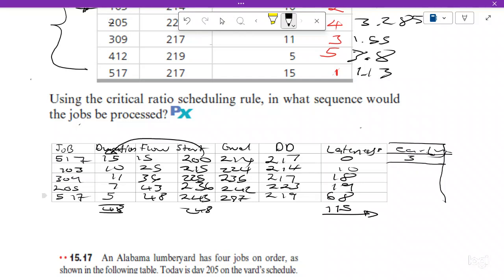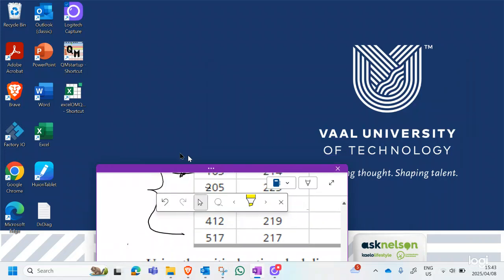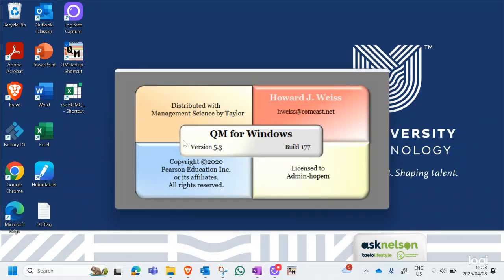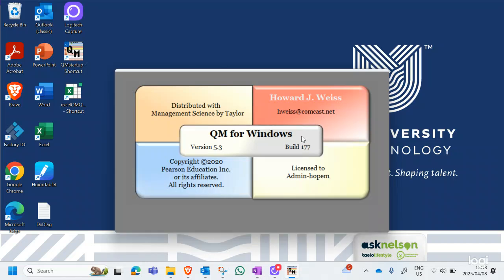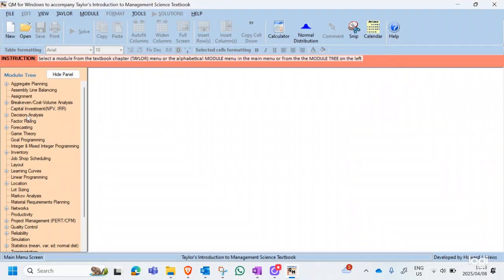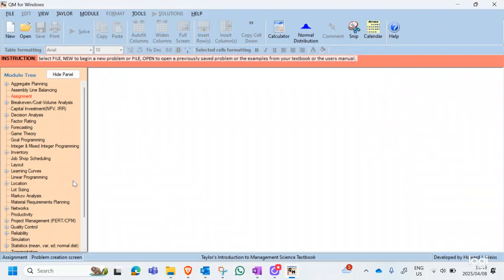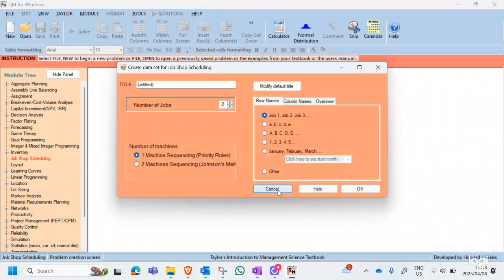We need to verify this by utilizing the software. Sequence job scheduling of one machine.